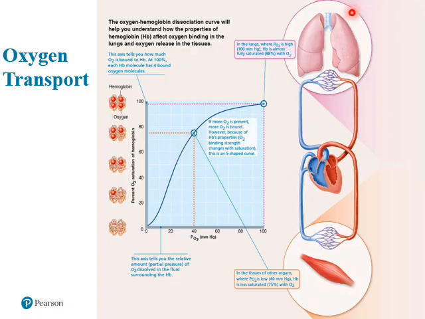Now, this will also tell you that at that particular peak where you have the plateau, your arterial blood is already at a pressure of oxygen of about 100 millimeters of mercury, and it contains 20 ml of oxygen per 100 ml of blood.